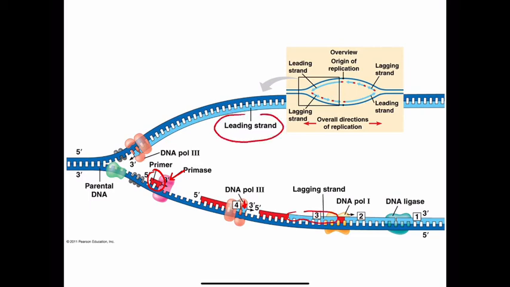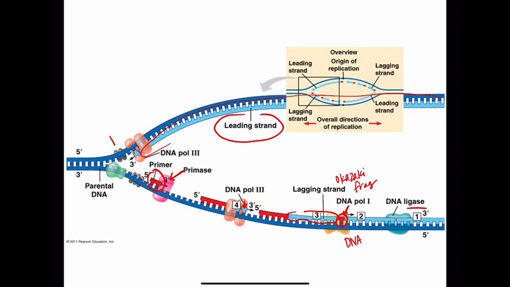So up here, notice we have this long, nice blue segment. That's our leading strand. So these are also called the Okazaki fragments. DNA polymerase 1 is going to replace this primer with DNA instead of RNA, and then the DNA ligase is going to seal it all back together.